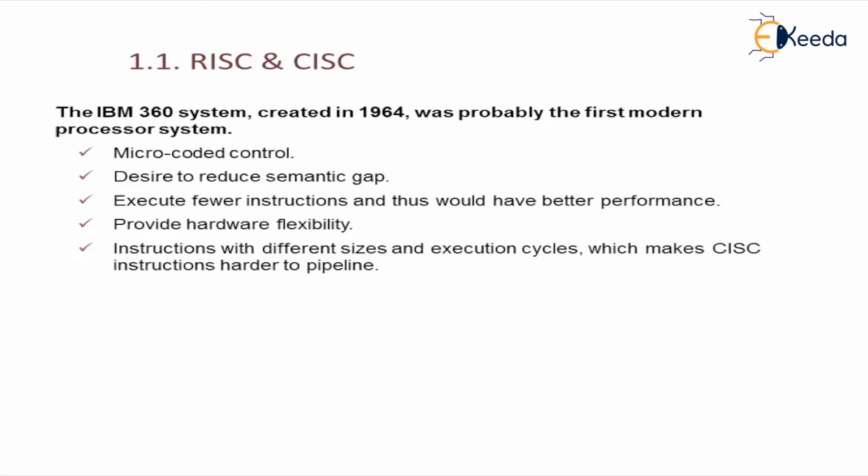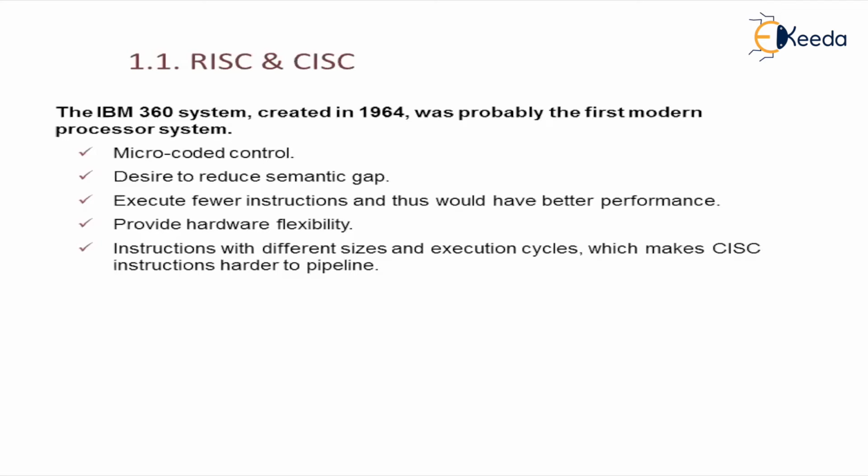Now, first, what were the advantages? Micro-coded control, like the control was very fast. It was micro-coded. Your coding was put onto a chip, so computing became fast. It was able to reduce the semantic gap.